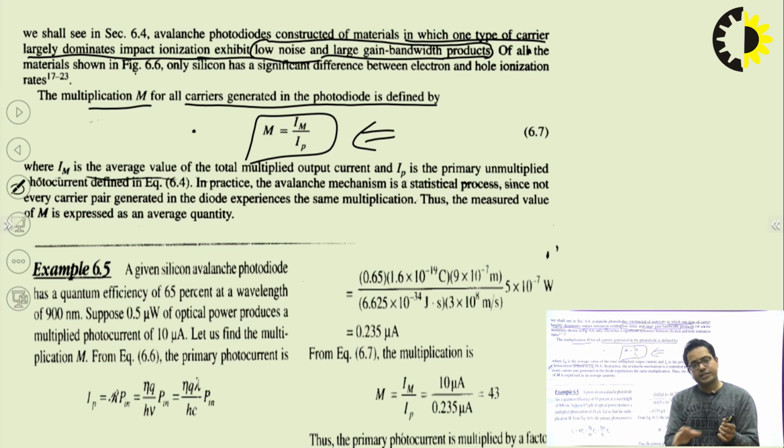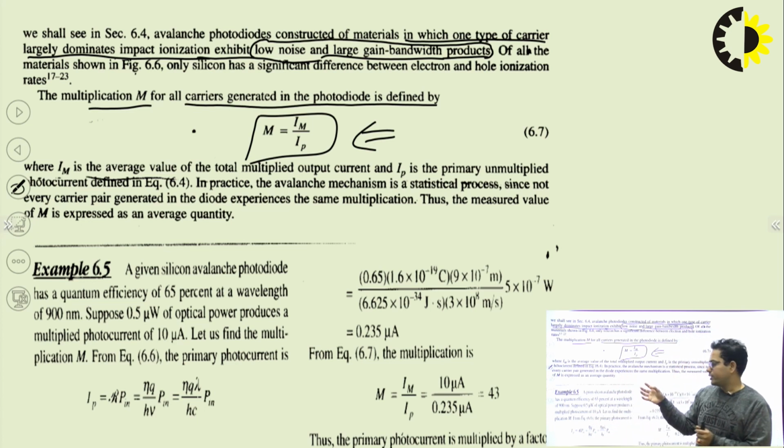So after explaining that with the proper block diagram, as well as the electric field variation, one has to remember this formula also, or write this formula also, supporting the answer of explanation.